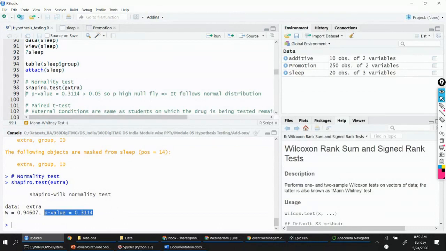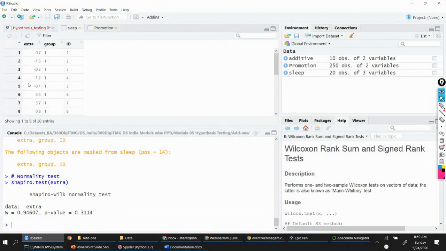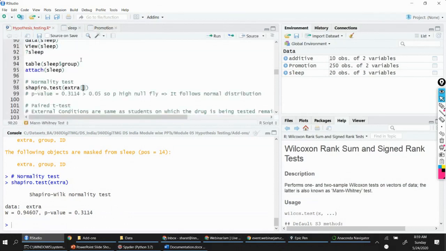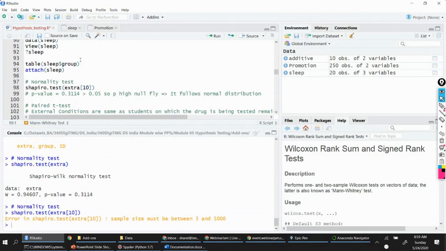right? You can also basically see, if you want to do this, I'll say rows and columns. I'm taking the extra column, and in this extra column, I'm basically taking the first 10 records. Oh, sorry, my bad.